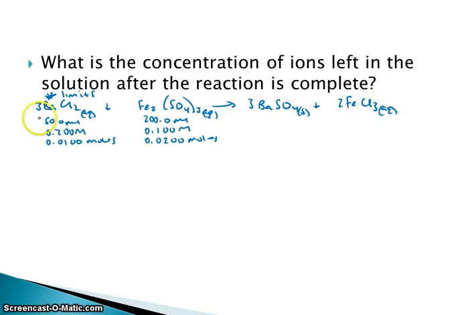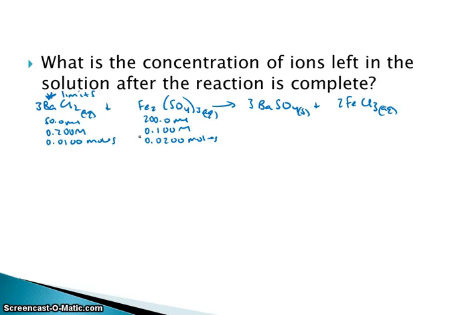The problem gave us 50 milliliters of 0.200 molar barium chloride, which gave us 0.0100 moles. And it told us that we had 200 milliliters of 0.100 molar iron 3 sulfate, which gave us 0.0200 moles.